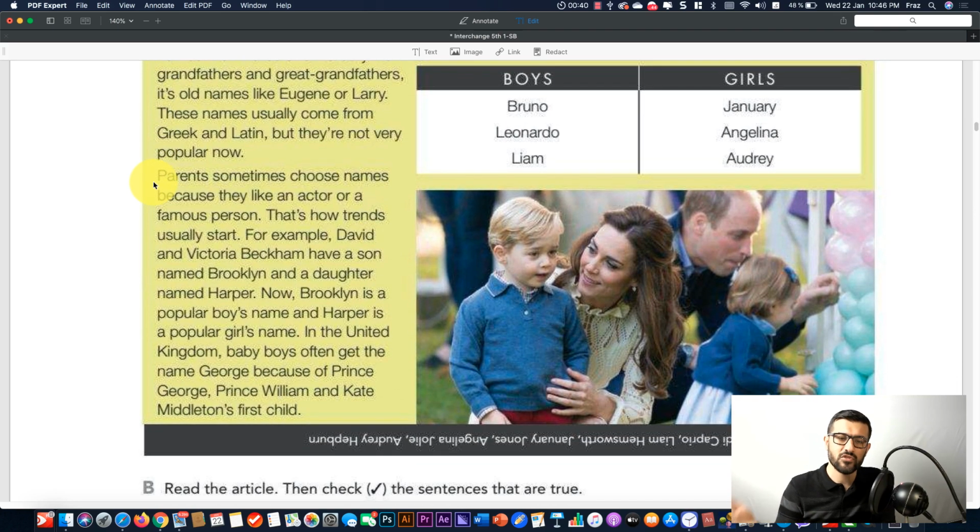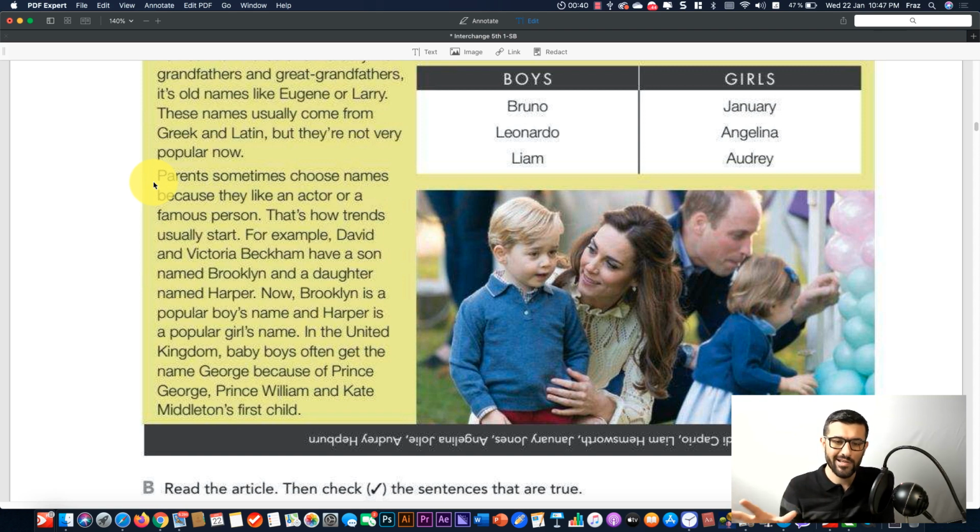Parents sometimes choose names because they like an actor or a famous person. This happens in almost every country because they like an actor, maybe a singer, maybe someone else. They name their kids after them. Okay, that's how trends usually start. It's true. For example, David and Victoria Beckham have a son named Brooklyn and a daughter named Harper.